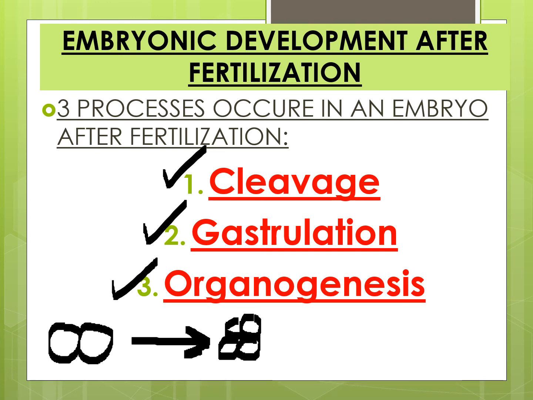However, if we look at the growth or the size of this compared to its size after cleavage, more or less, obviously my diagram is not accurate, but more or less they are the same size. And that's what we mean when we say that cleavage takes place, in which there is cell division with little to no growth.